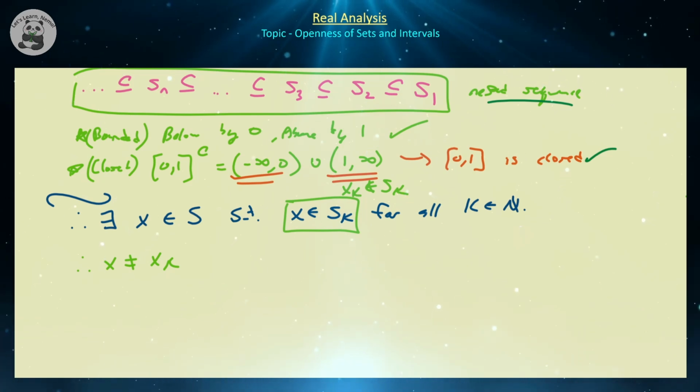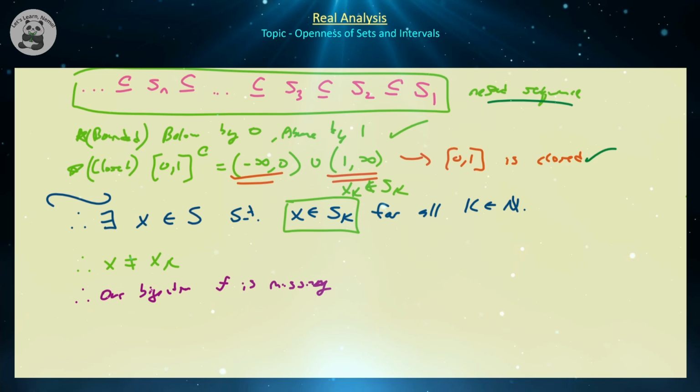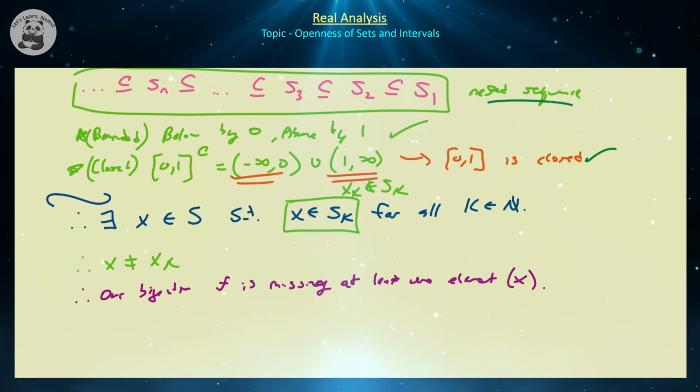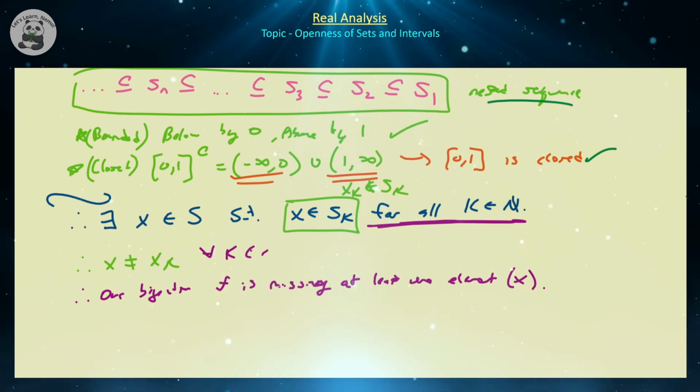So if that is the case, that means our bijection f is missing at least one element from our set, in particular x. Because x does not equal xk, and keep in mind, x belongs to Sk for all k in the natural numbers, that means x is not equal to xk for all k in the natural numbers.